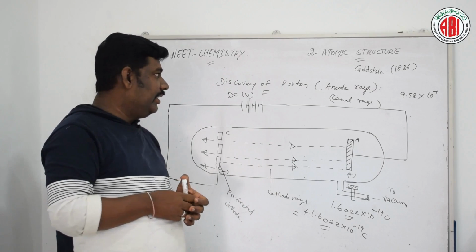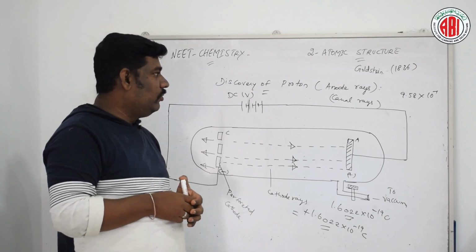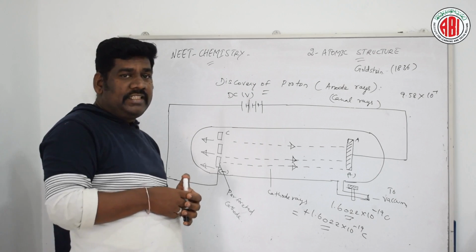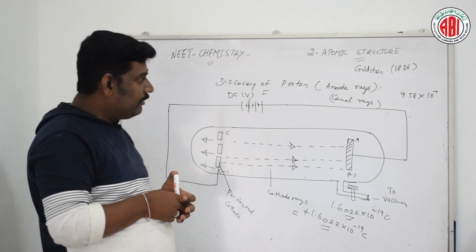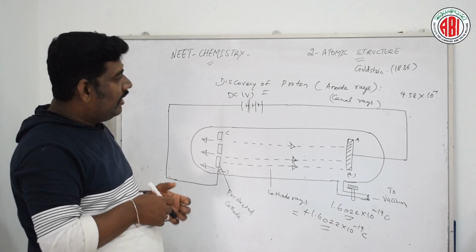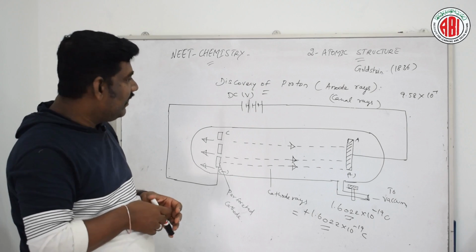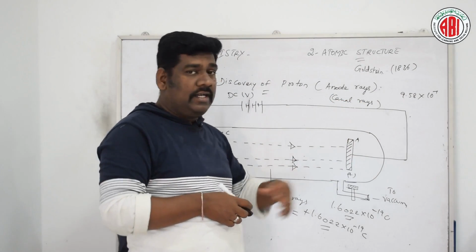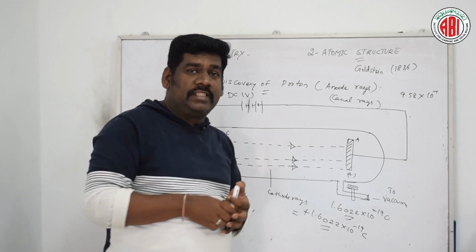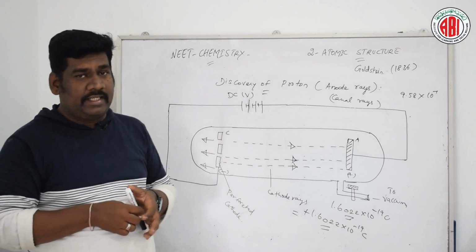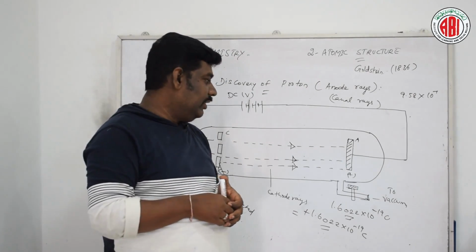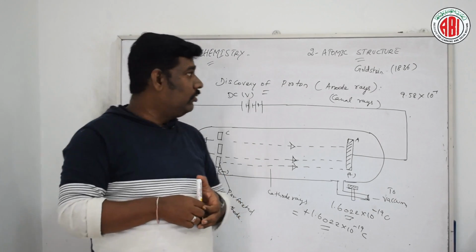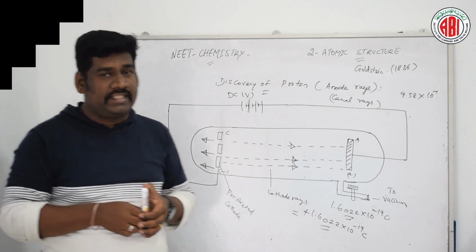In this way Goldstein determined the charge to mass ratio of the particles present in anode rays, or canal rays, and he also discovered that these rays possess the fundamental particle called the proton. So this credit goes to Goldstein in the year 1836.